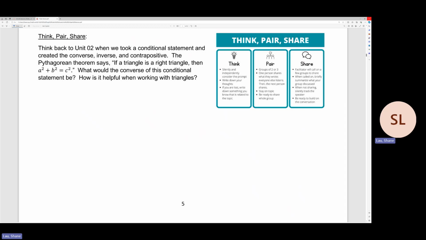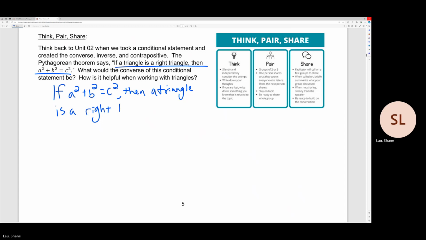In this think, pair, share, what we can do is create this statement right here and put it with a converse. The converse, of course, is where we switch the if and then statements. So what this would say is if a squared plus b squared equals c squared, then a triangle is a right triangle.